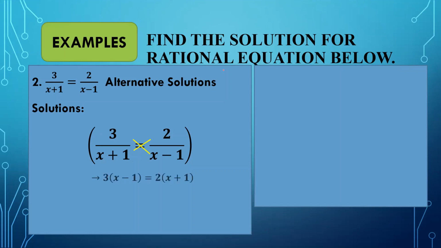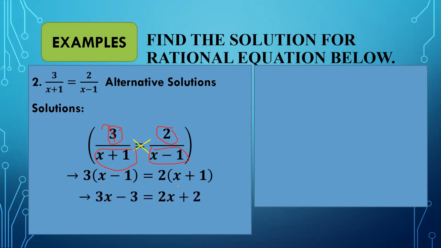So we have 3 times x minus 1, then 2 times x plus 1. So we distribute 3.